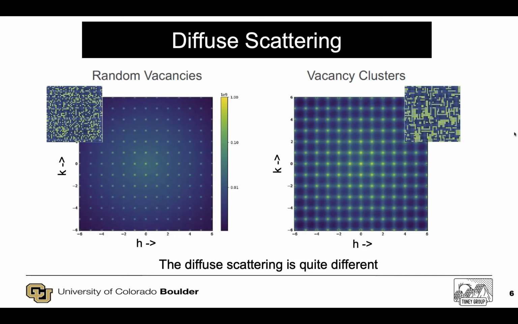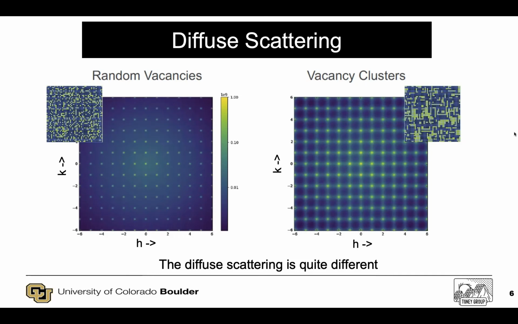We also see, faintly, these different rods running through what would be the Bragg points. Those are due to longer rod-like features in the structure that either run this way or run that way, and the scattering is along a particular direction.